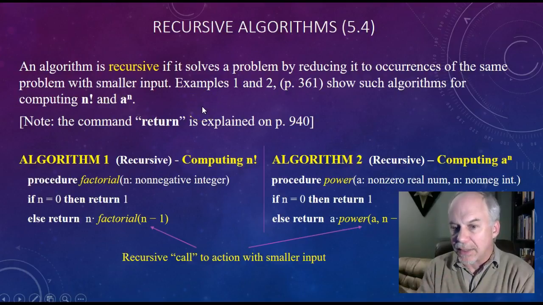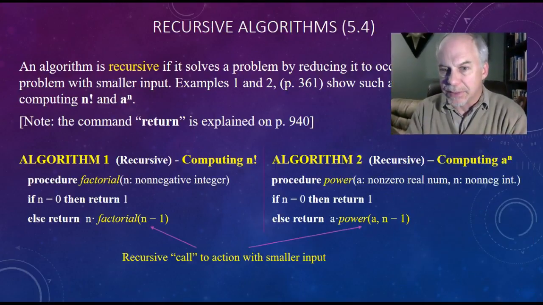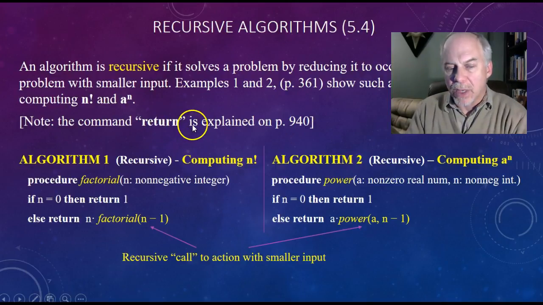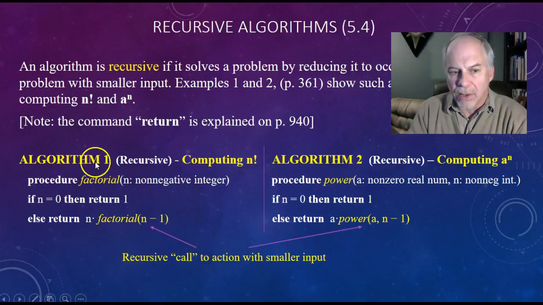So we're going to look at some examples of doing this using these algorithms. I want to talk about the algorithms, but first, the command return is explained on page 940 if you want to look at that, but I'll give you a brief synopsis of what it means. But let's look at algorithm 1 when we do that.